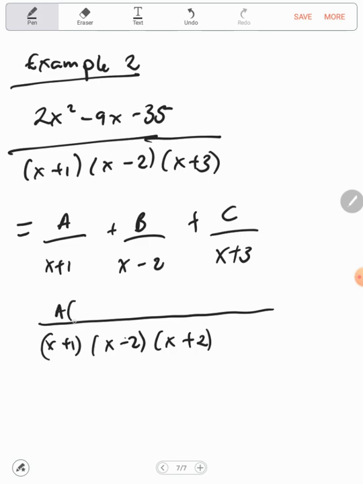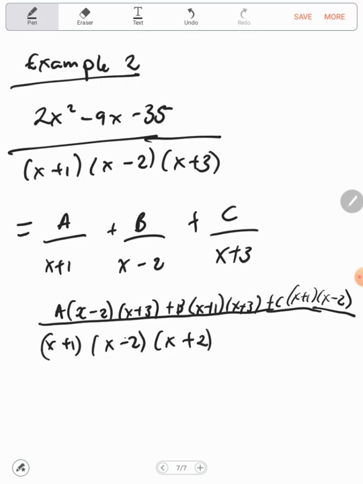So a will be multiplying by x minus 2 and x plus 3, and b will be multiplying x plus 1 and x plus 3, and c will get x plus 1 and x minus 2. So again, the numerator is same as the denominator, so we can equate.